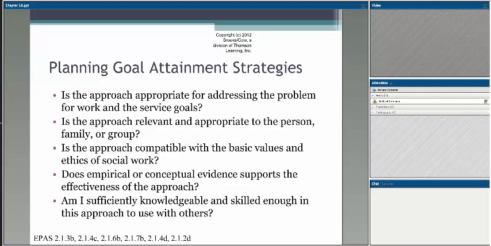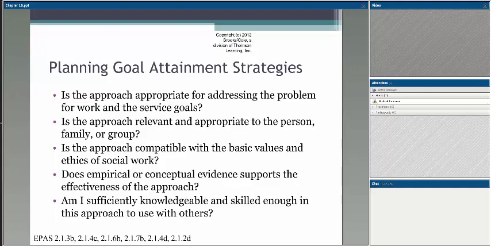We also need to be planning for those goal attainment strategies. So asking ourselves these questions as we think about it as well. And you can see the 4th bullet talks quite a bit about empirical conceptual evidence to support the effectiveness of this approach.